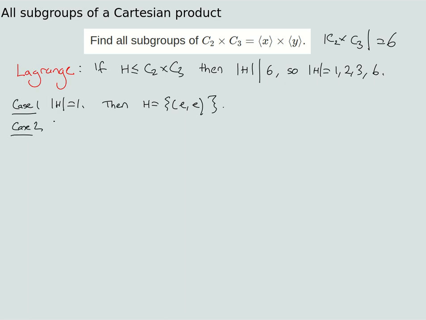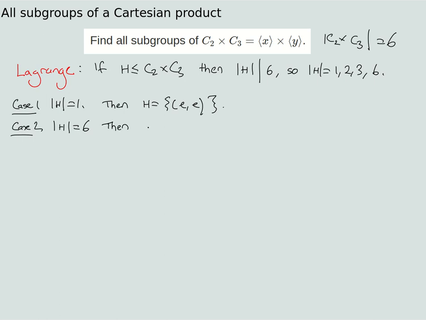So case 2, the other easy case, is what happens when the size of H is 6. Well, if you've got a subset of C2 cross C3 of size 6, it has to be all of C2 cross C3, because C2 cross C3 itself has size 6.